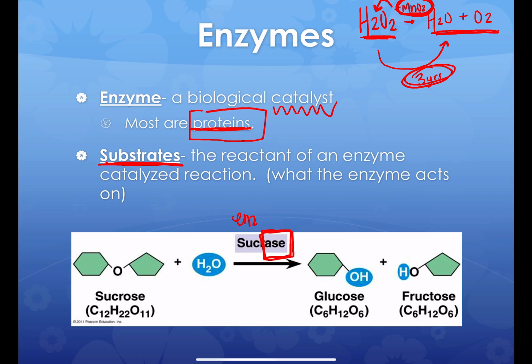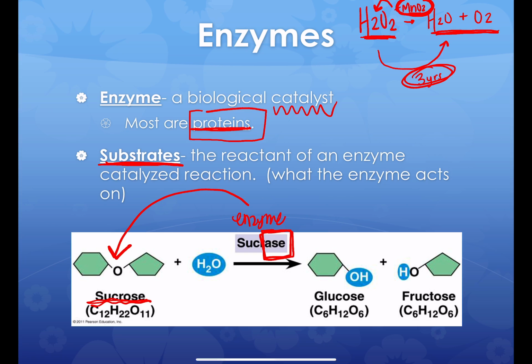Here in this diagram, our enzyme is sucrase, and what it's acting on, the substrate, is sucrose, okay? Notice those similarities in the names. The enzyme and the substrate that it acts on, not always, but often mimic one another, okay?